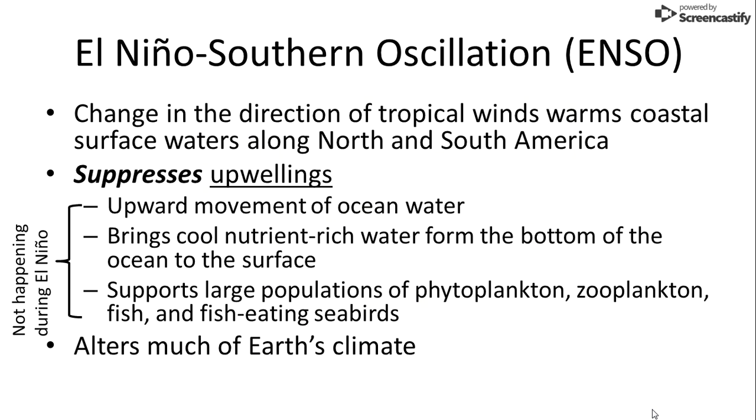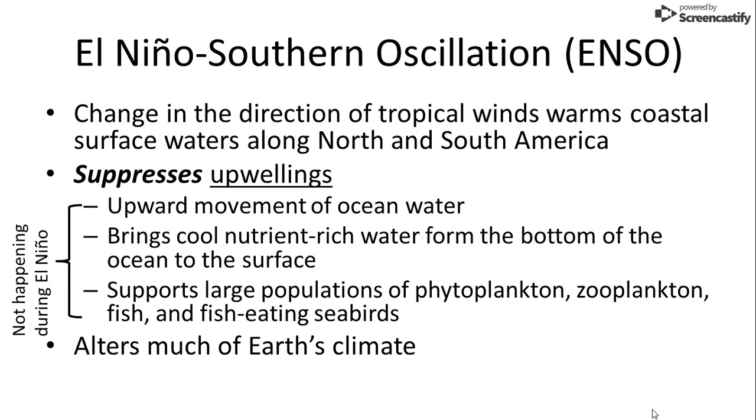So El Nino is an actual change in the direction of the tropical winds. The northeast trades and the southeast trades either stop or reverse blowing, and therefore they are not pushing the water over to the west.